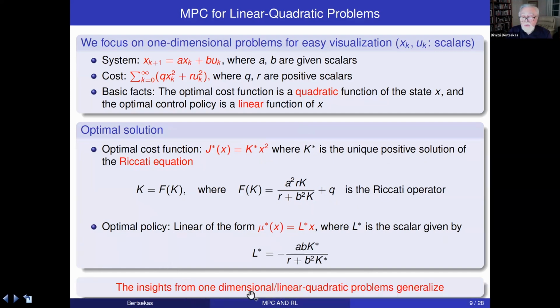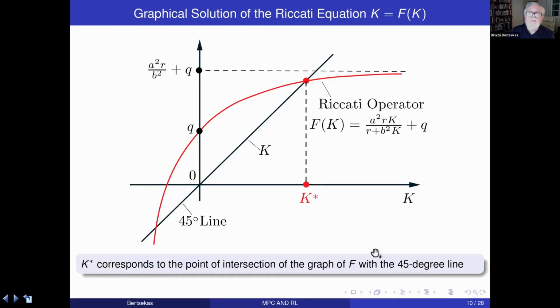Now I'm going to focus for visualization on one-dimensional problems, but the insights generalize to multidimensional linear quadratic problems and beyond. So let's look at the graphical solution of the Riccati equation. Here's the Riccati equation. To solve this equation graphically, we have to draw the graph of the right-hand side and the graph of the left-hand side and find the points where the two graphs meet.